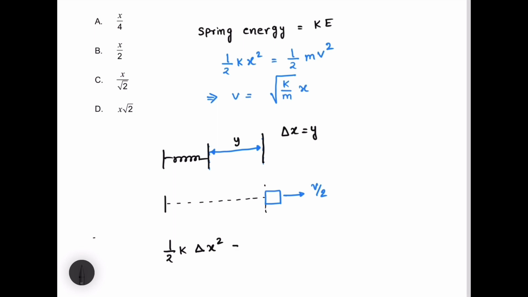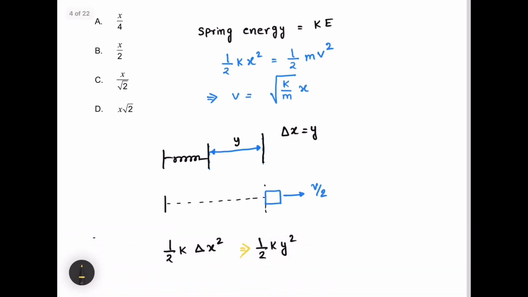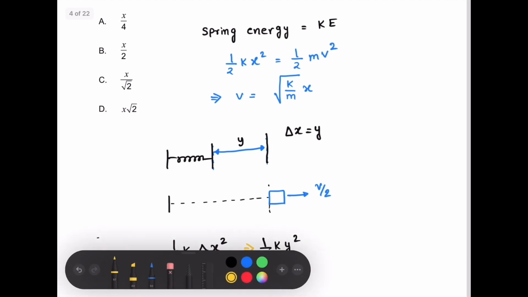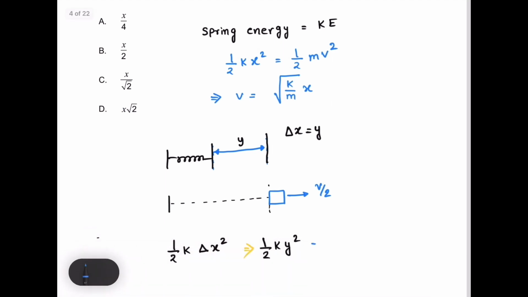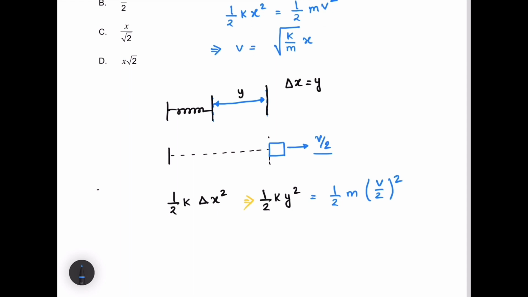So half k delta x square would be the spring energy, which will be equal to half k y squared, right? Now this half k y squared, the spring energy, is being converted into the kinetic energy of the body, right? So I can write that this is equal to half m, and now what is the velocity? v by 2, right? So v by 2 whole squared. So now if I just solve from here, what will I get?